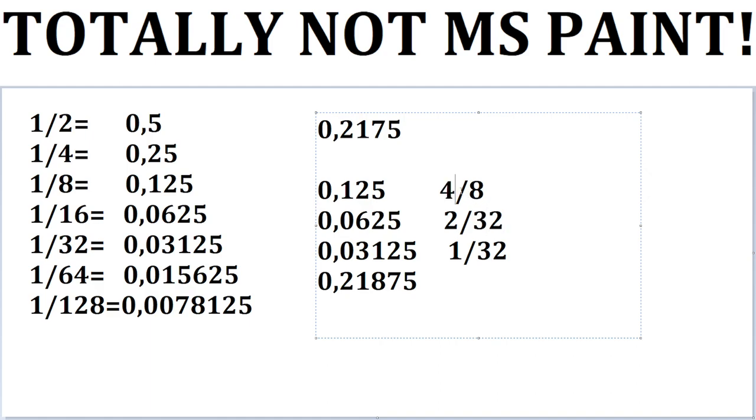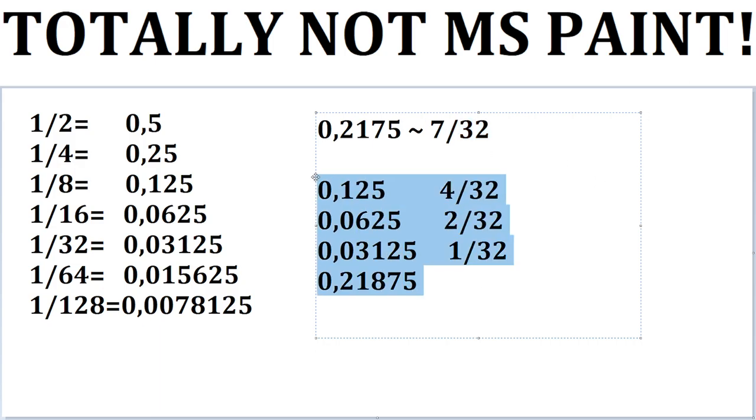And that's 4 32nds. So these make 4, 6, 7 32nds. So this is almost 7 32nds. That's my approximation. I sadly can't make this symbol here. Let's just use this one. Almost 7 32nds.